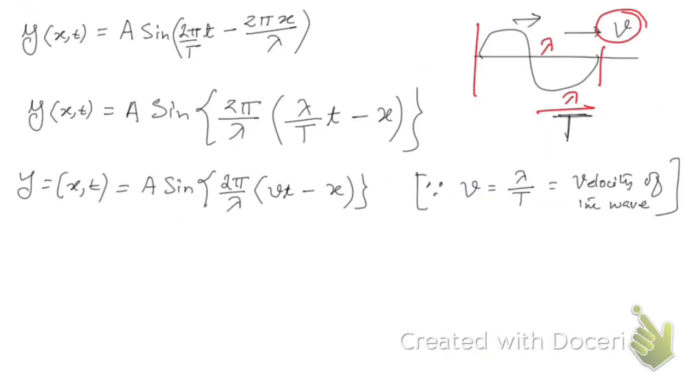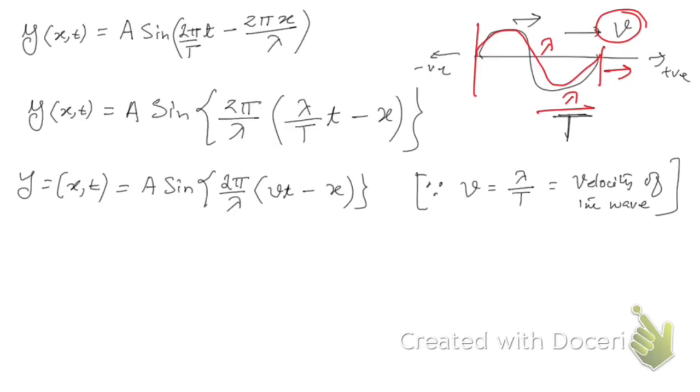So this equation is derived considering that this wave is traveling along the positive x-axis. Therefore, for the wave traveling along the negative x-axis, if you consider this direction negative, then we have to replace this by plus x, right? Hope you have understood this.